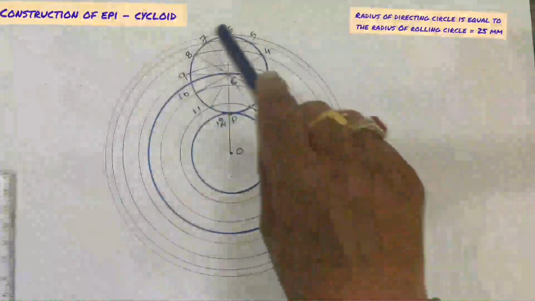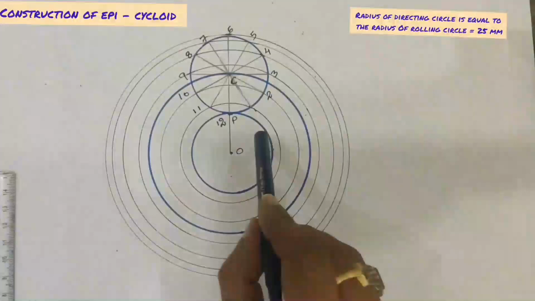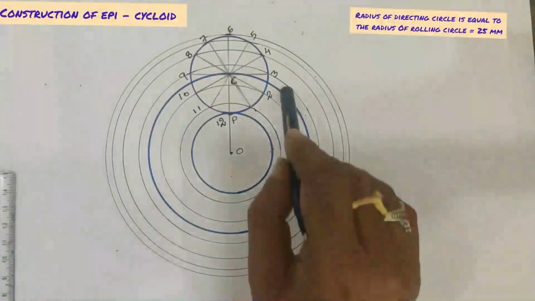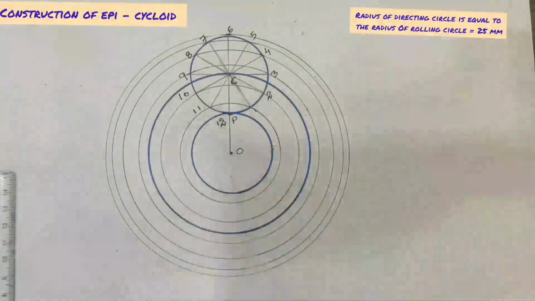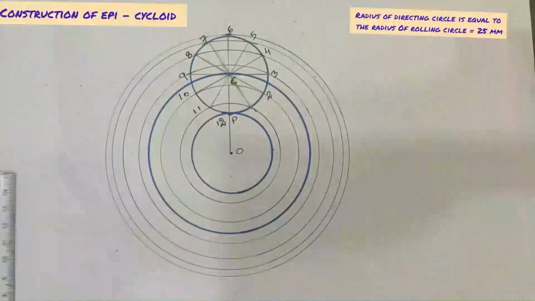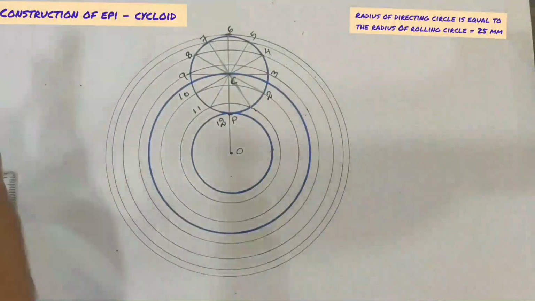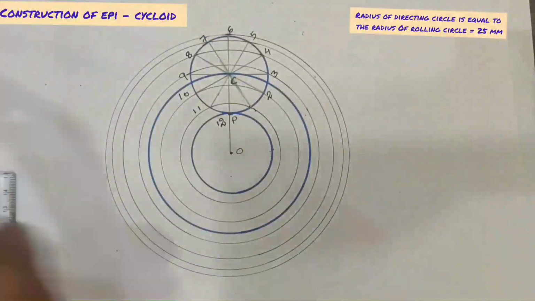As we divided rolling circle into 12 parts, then we need to divide this directing circle also into 12 parts and locus of center for rolling circle also into 12 parts. Now we'll divide locus of center for rolling circle as well as directing circle into 12 parts.